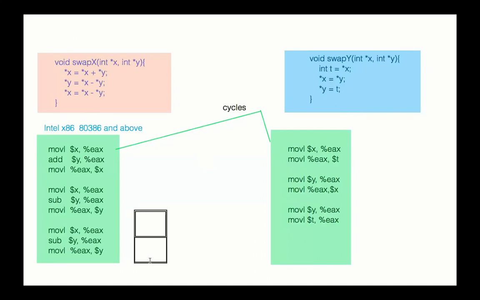Let's label them, guys, like X and Y. So X sits over here, and then you have Y sitting over here on the stack.